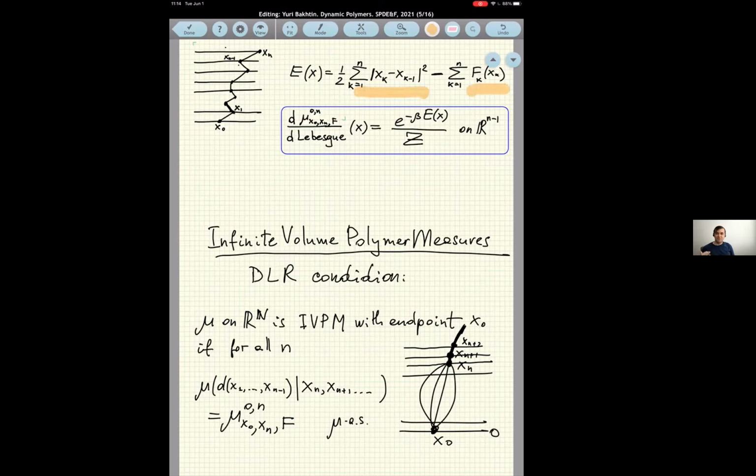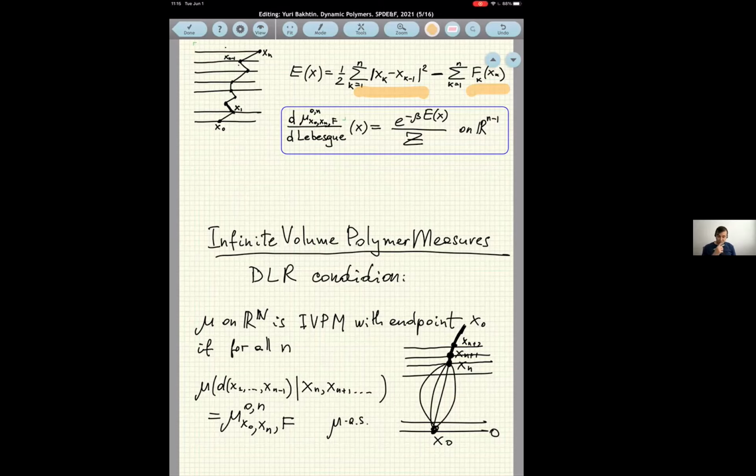So instead of dealing with infinite energies, you have to localize, and that's standard in mathematical statistical mechanics. You introduce the DLR condition, the Dobrushin-Lanford-Ruelle condition.